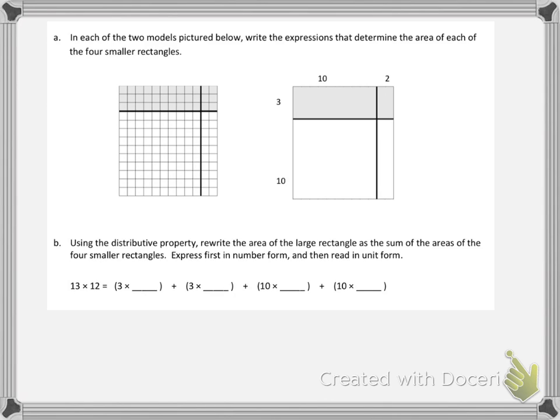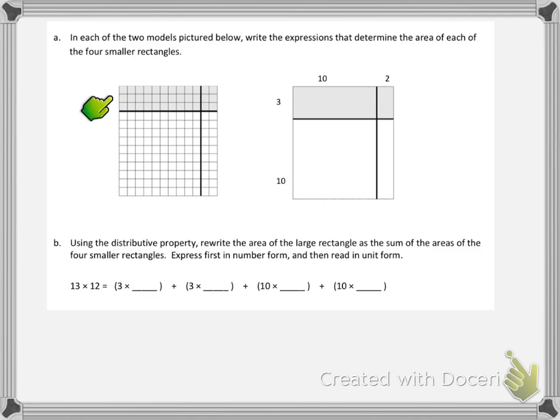In each of the two models pictured below, write the expressions that determine the area of each of the four smaller rectangles. So let's look at this carefully, and we see that in this grid right here, this matches this one. Usually when we make our area models, we're not going to have grids. We could if we wanted to by using graph paper, but our area models are going to look a little bit like this one.